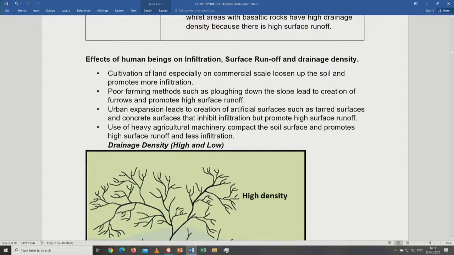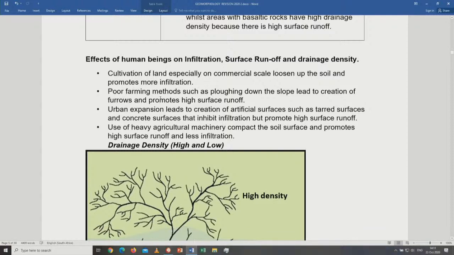We are saying here cultivation of the land, especially on the commercial landscape, loosens up the soil and promotes more infiltration. Immediately when cultivation is taking place, the soil becomes loose, so it promotes more infiltration. There will be more infiltration as compared to surface runoff.